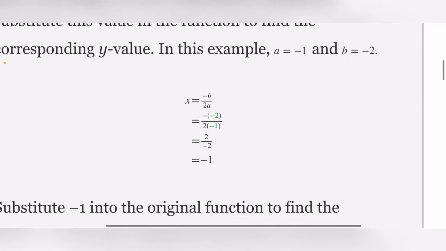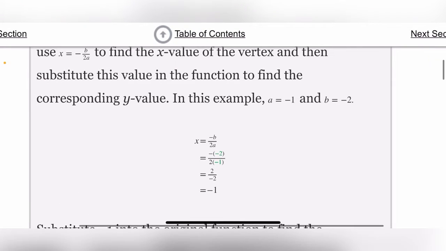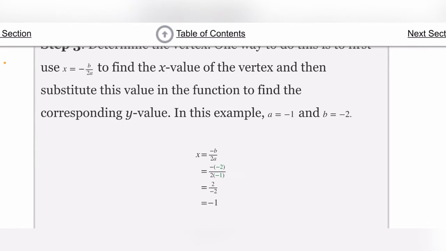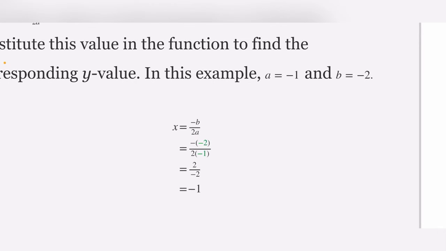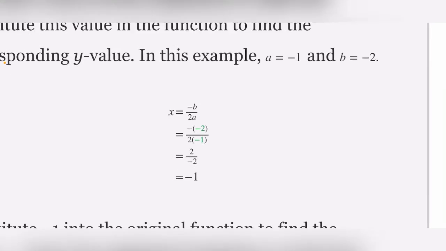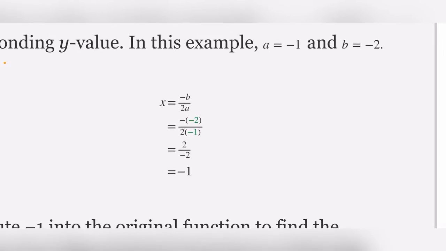Here a is negative 1 and b is negative 2. So x of our vertex will be negative b over 2a, negative of negative 2 over 2 times negative 1, which equals 2 over negative 2. And it gives us negative 1.